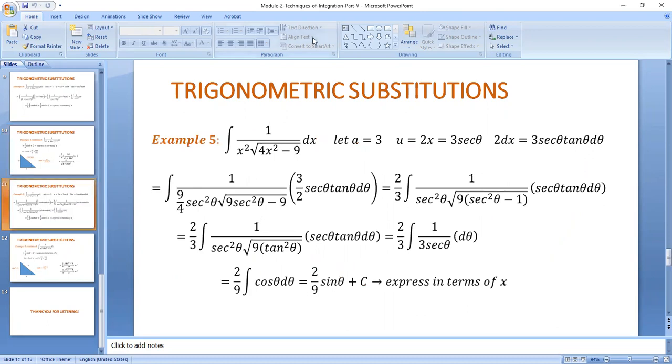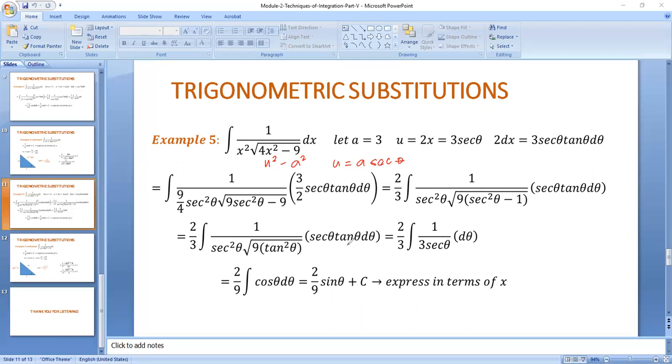At this time, the expression that you see here is u squared minus a squared. So the opposite of sine, u equal to a sine theta, is u equal to a secant theta. So our substitution for this is u equal to a secant theta.